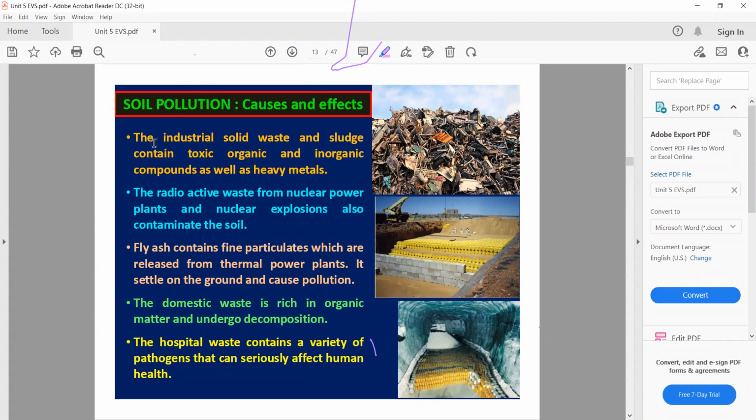Next, causes: the industrial solid waste and sludge contain toxic organic and inorganic compounds as well as heavy metals. The radioactive waste from nuclear power plants and nuclear explosions also contaminates the soil. We know these points, correct? Fly ash contains fine particulates which are released from thermal power plants. It settles on the ground and causes pollution. Fly ash is a byproduct of coal combustion.